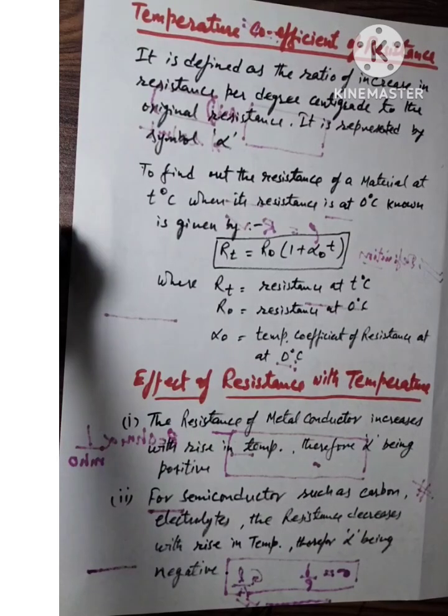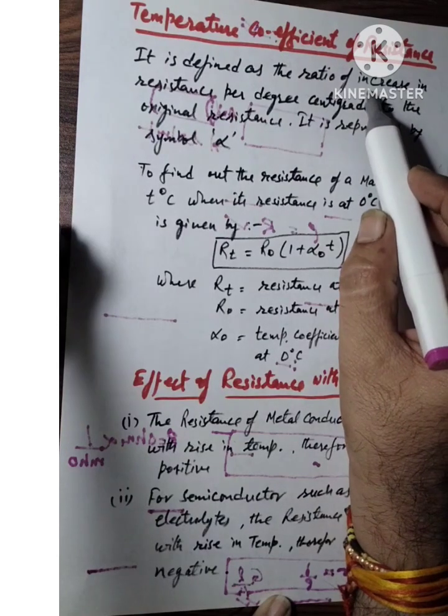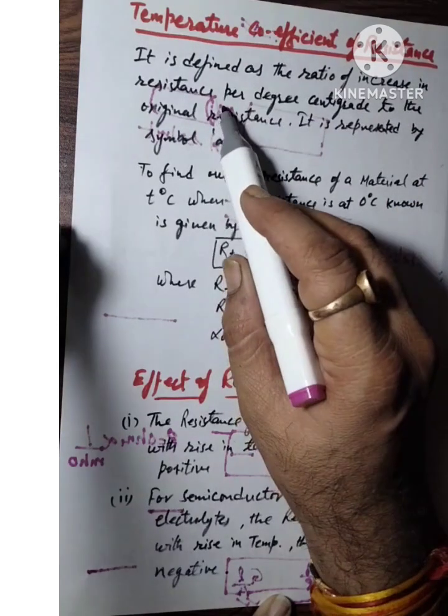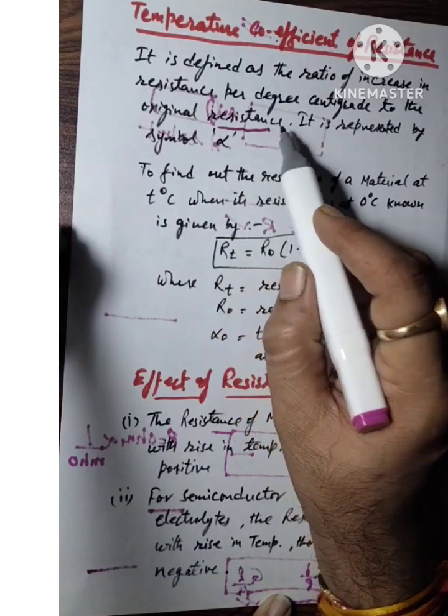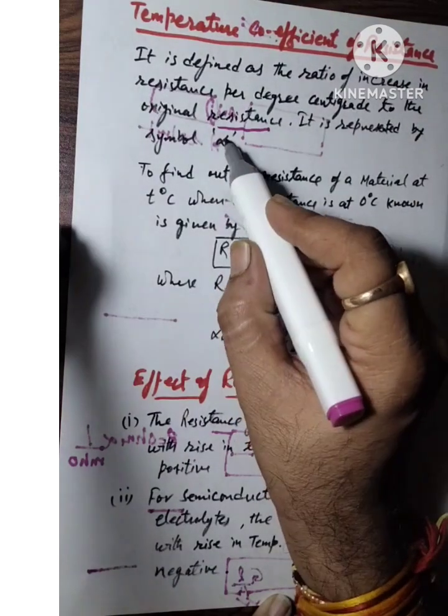Next is temperature coefficient of resistance. What is temperature coefficient of resistance? It is defined as the ratio of increase in resistance per degree centigrade to the original resistance. It is represented by the symbol alpha.